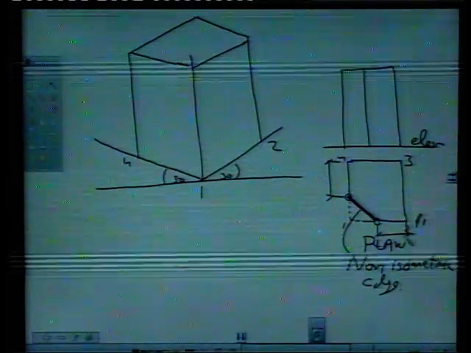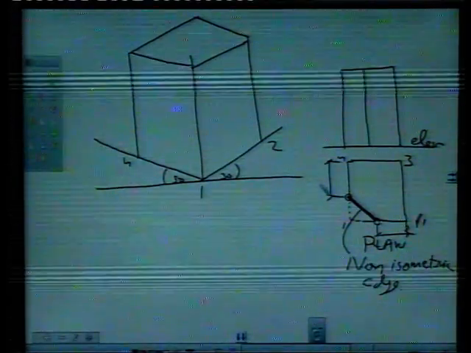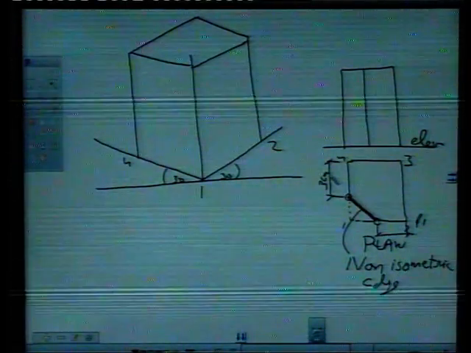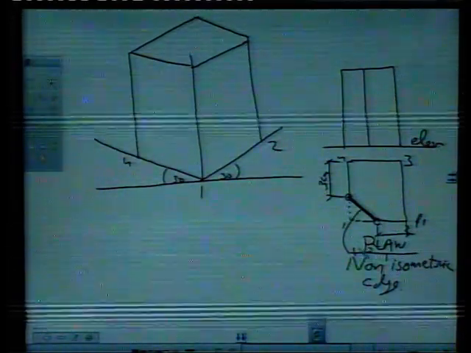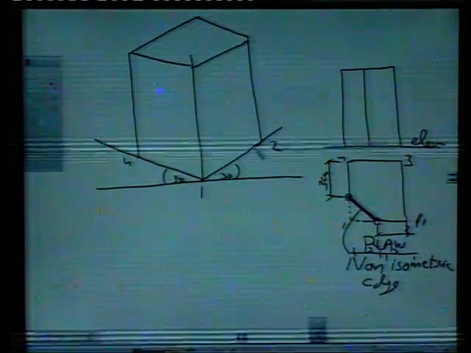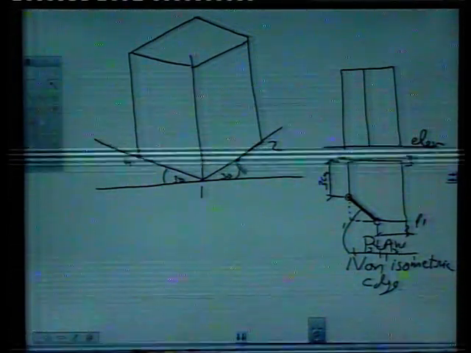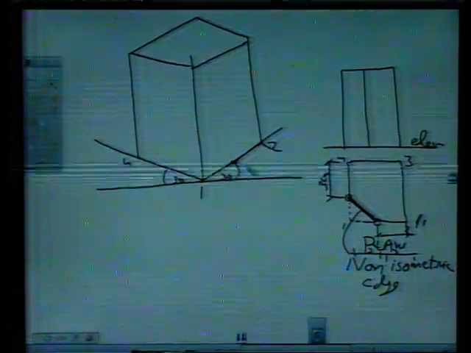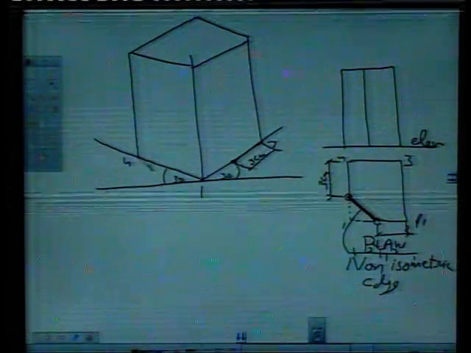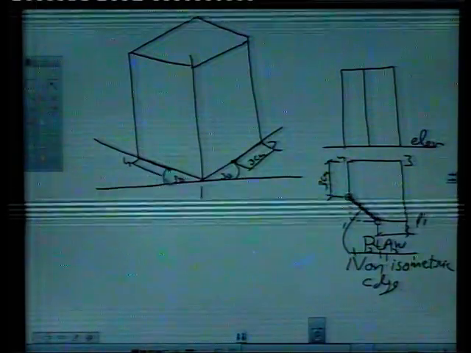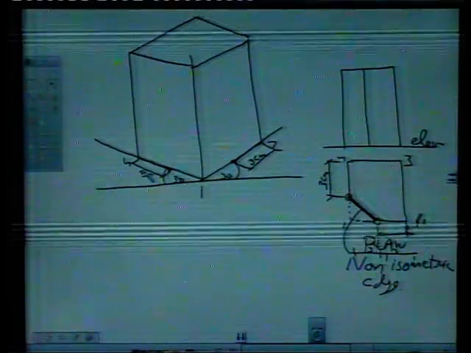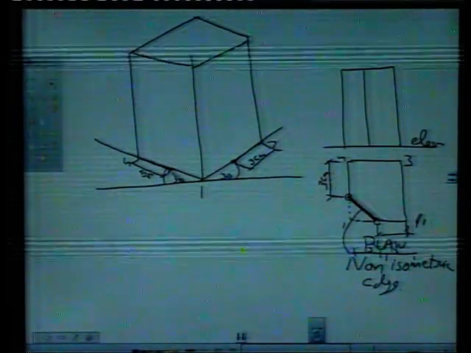Say this point is 3. Say total is 6. This is 3, and this is also 3. So simply mark 3 from here. Mark this point, and this dimension is 3 centimeter. Mark here also 3. This point is 3 centimeter, this point is 3 centimeter.